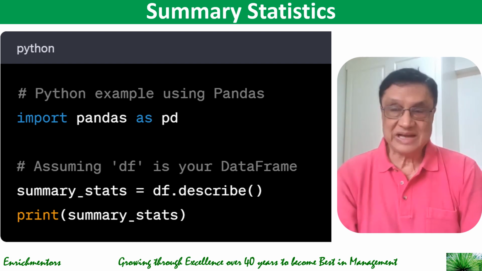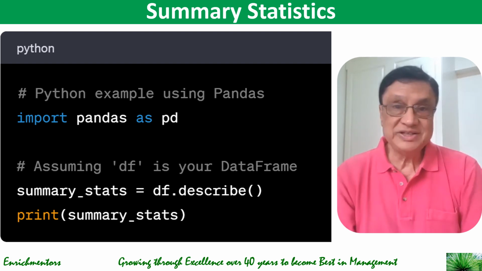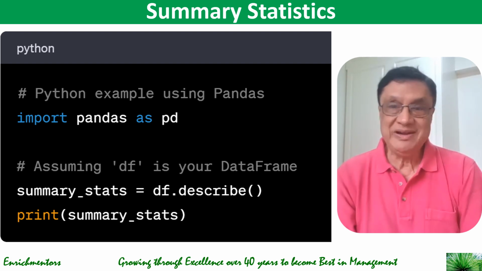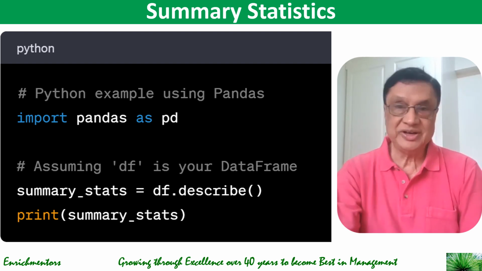These are all statistical terms that you must be familiar with, or you should become familiar with. And this provides a quick overview of the central tendency and spread of the data. And here you see an illustrative code that has been written in Python to generate that summary statistics.